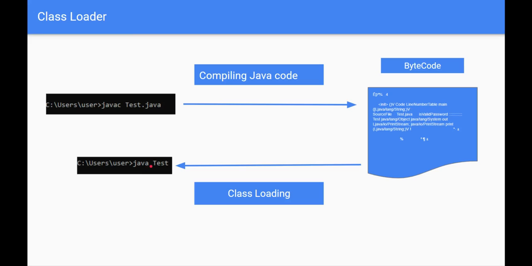When the bytecode is loaded into memory, HotSpot comes into the picture and starts its work. Loading this bytecode into the memory is called class loading.